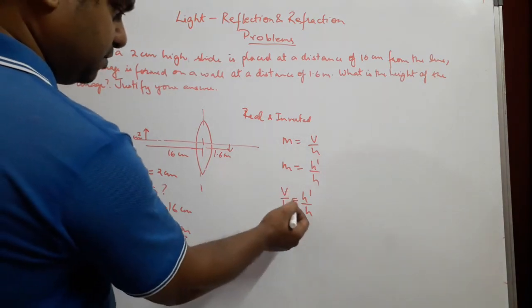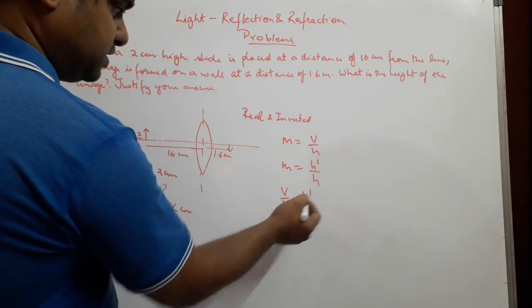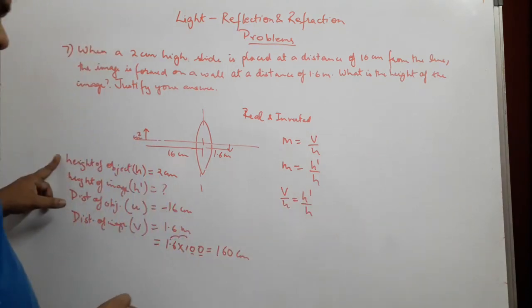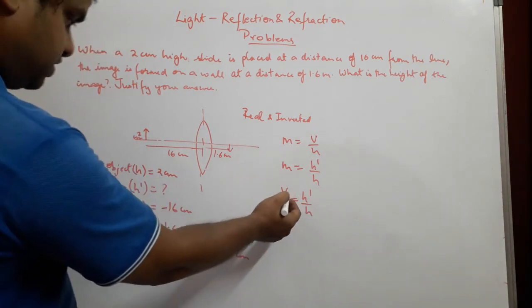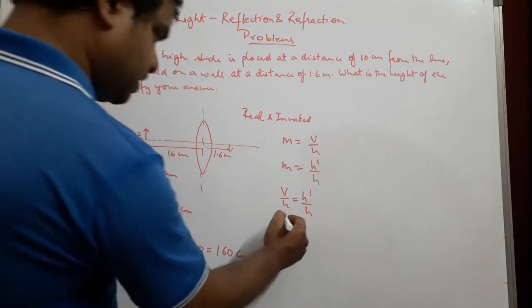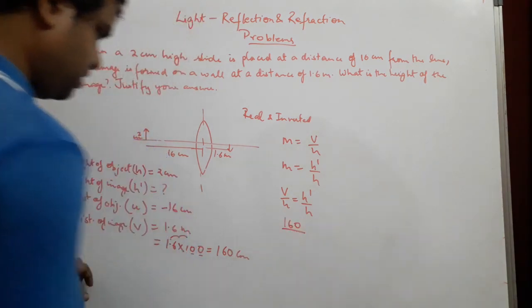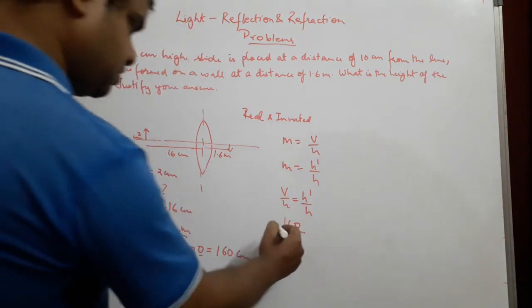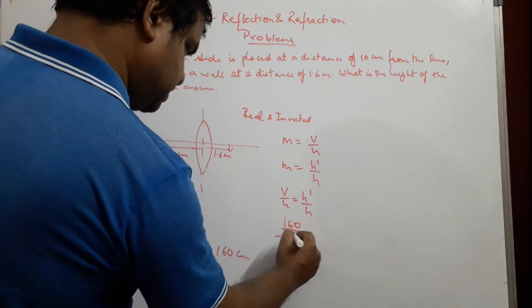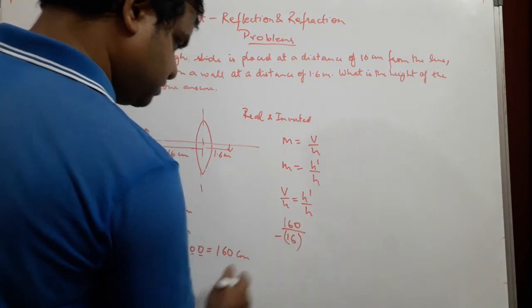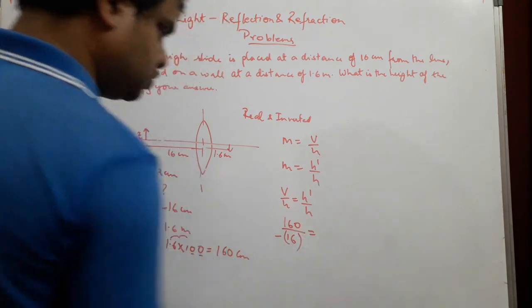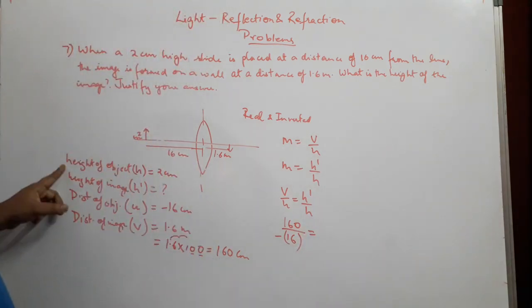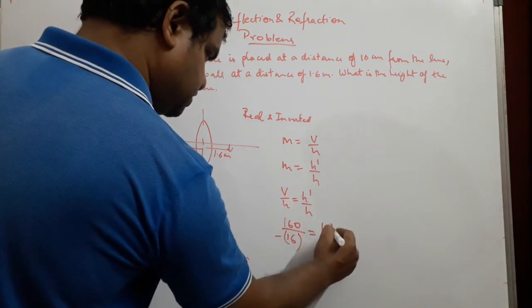Remember, the height of the image is h dash. So height of the object is given. So we'll find out what is V. V is 160, U is minus 16, so I'll put this in brackets, equal to h dash, which we need to find out, that is the height of the image.